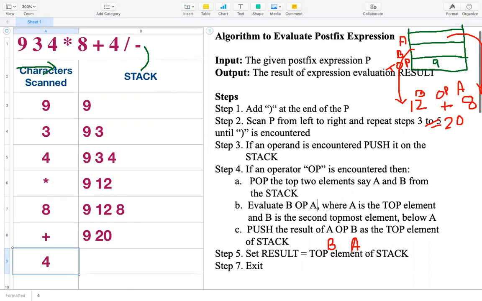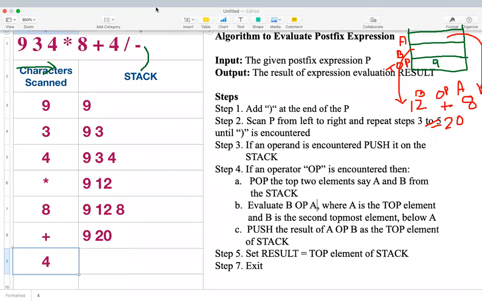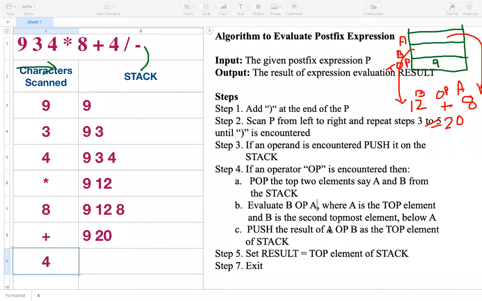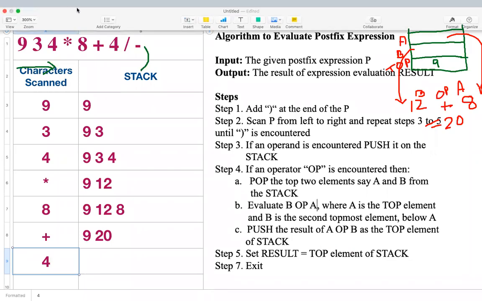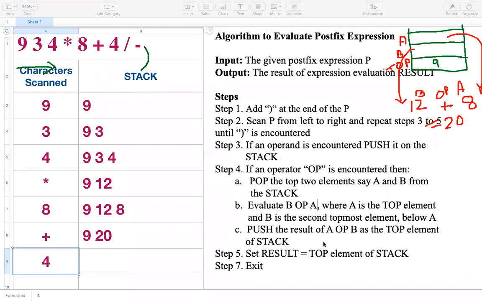I get a 4. So this will be B operation A. This part you should be careful about. So this is B operation A, okay.